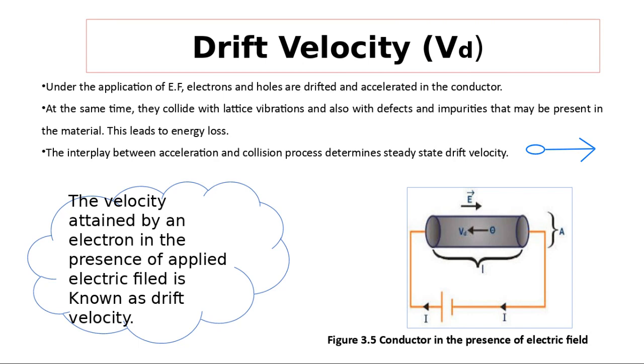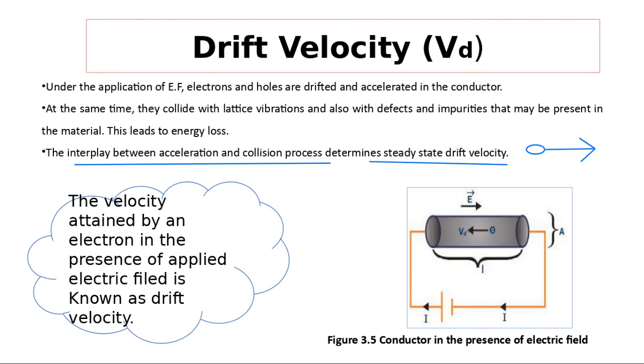This means there is an interplay between acceleration and the collision process. If you apply an electric field, acceleration will be there, but collision processes also occur. The interplay between them determines the steady state drift velocity.